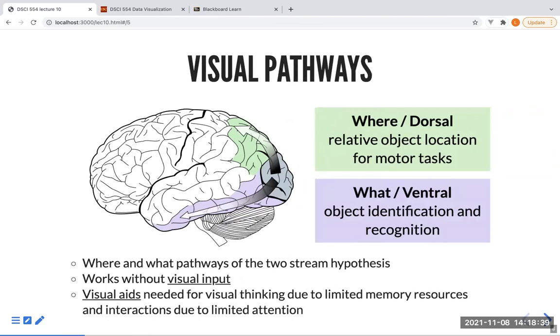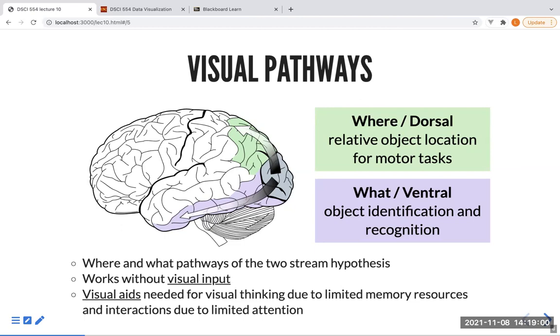So the pathways that we have in our brain that people have found out by doing research are these two. The one that goes on top of the brain there is called the where pathway, where as in location.